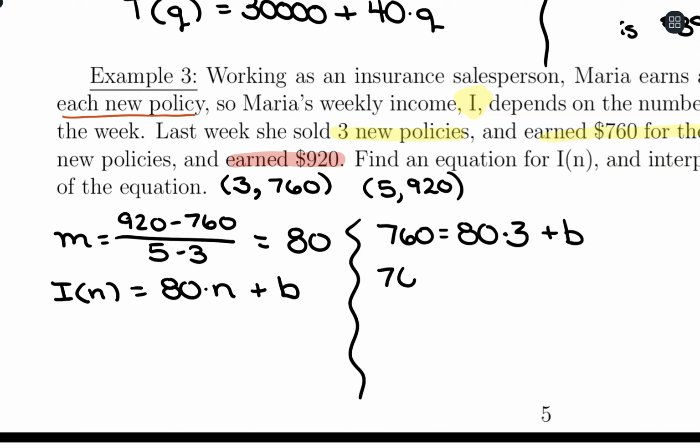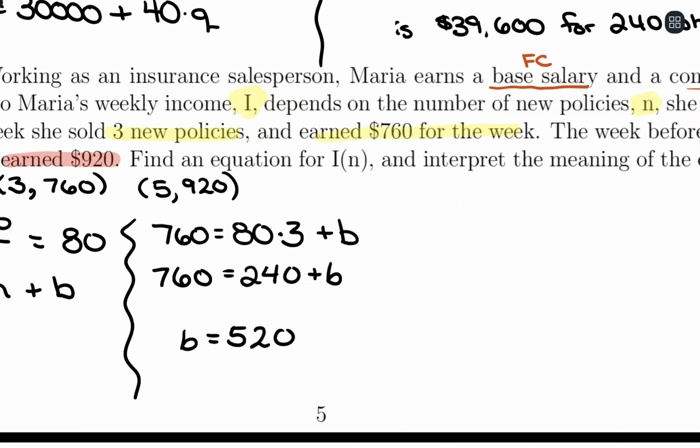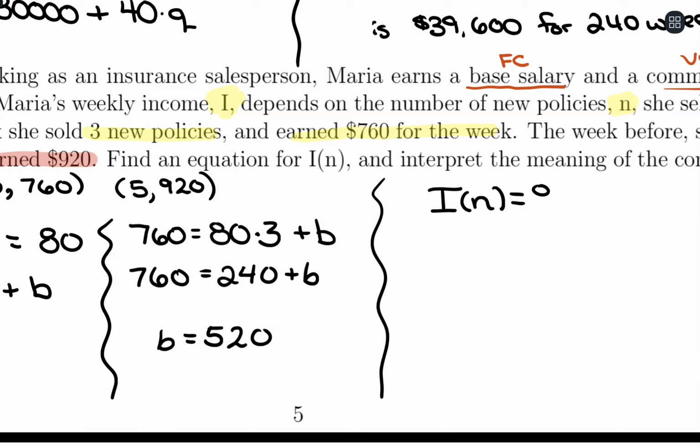And then we just solve. So 80 times 3 is 240. Subtract 240 from both sides, and that should be 520. So now we have our slope and our intercept. So our last piece is to put our function together. We have a slope of 80 times n plus our y-intercept of 520.